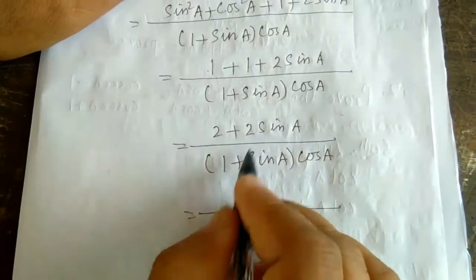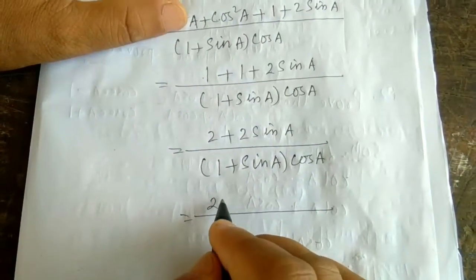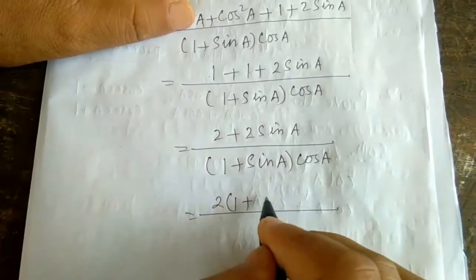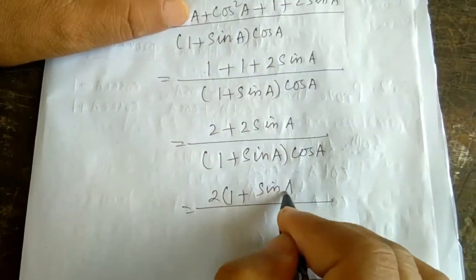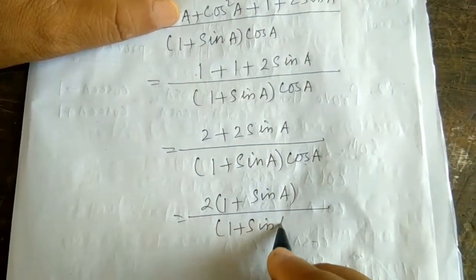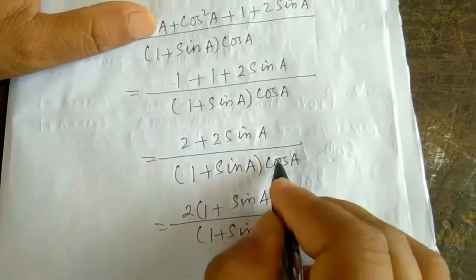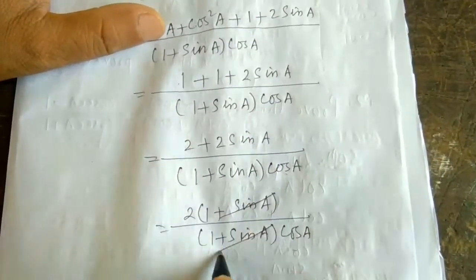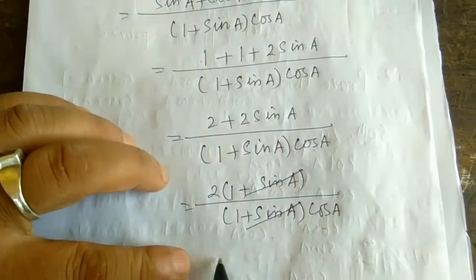From the numerator you can take 2 common. Alright. So what will remain? 2 taken out, 1 will remain, plus sin A will remain. 1 plus sin A. Clear now this one? Into cos A. 1 plus sin A, 1 plus sin A will cancel. So what will remain?